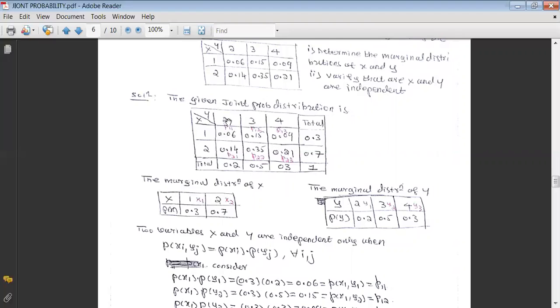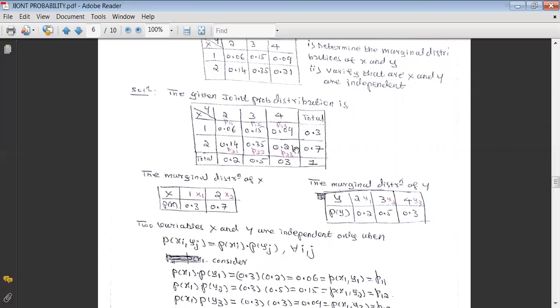It takes three values, y1, y2, y3, namely 2, 3, and 4 that are listed here. The corresponding probabilities are 0.2, 0.5, and 0.3. Again we can observe the total of the marginal probabilities is 1.